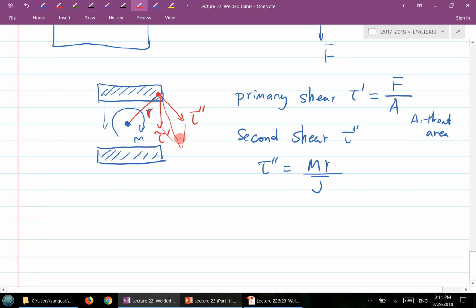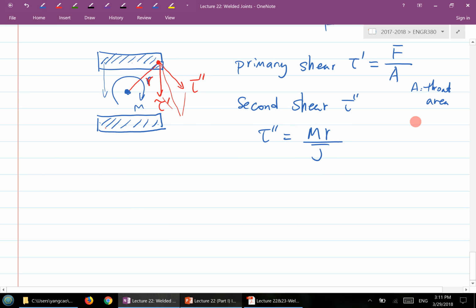So what we actually want to do is this. I'm going to redraw this a little bit to have a better drawing, so that we have an easier calculation.